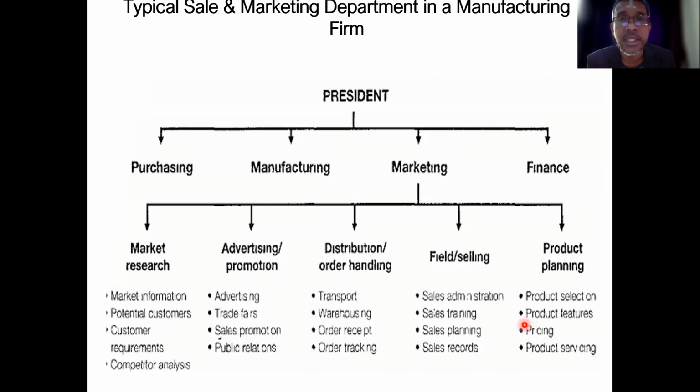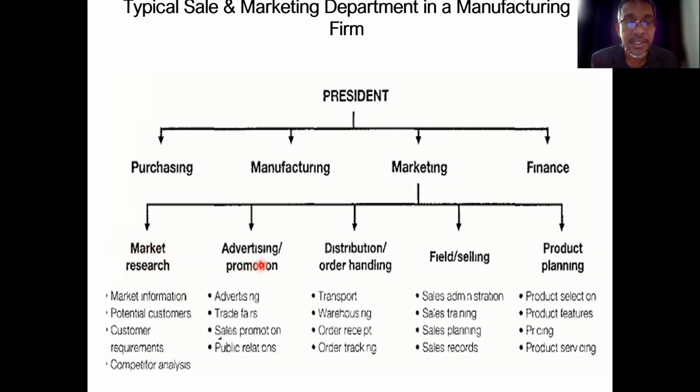So this is just to show you the organization of a typical marketing department. You can see here, under marketing, we have market research to gather the information, the potential, the customer ideas, and to see the product life cycle.